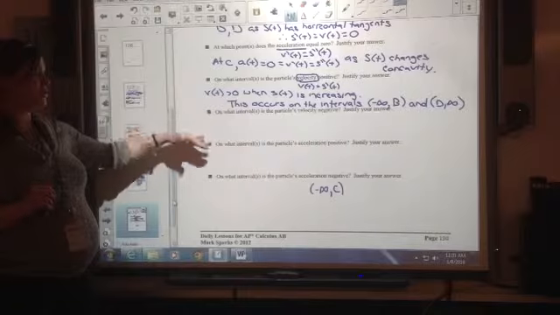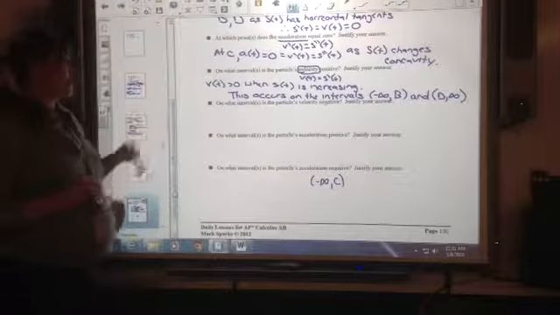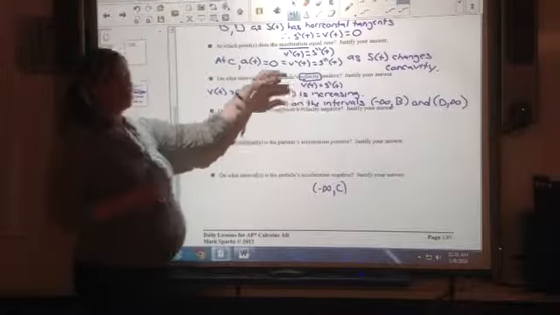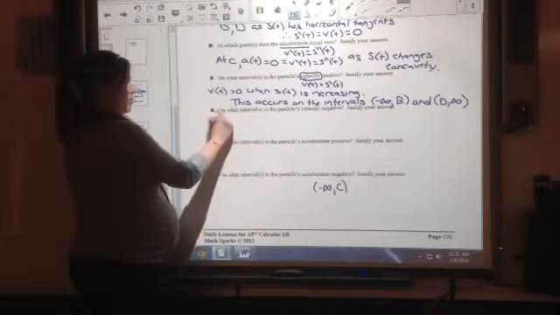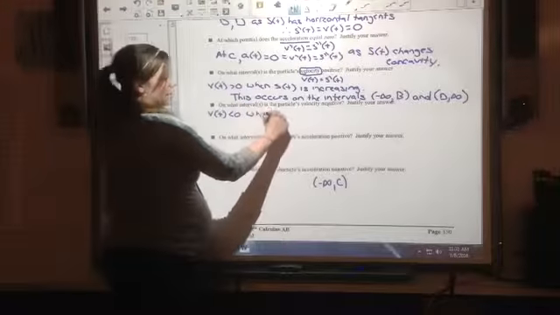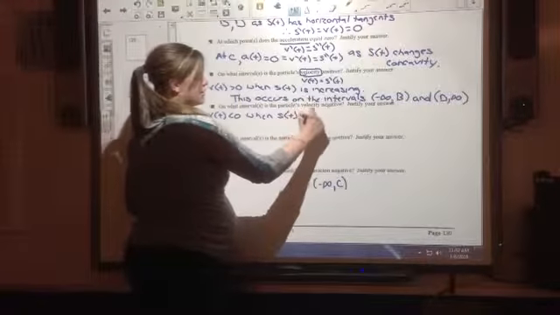Based on that one, you should be able to get this one also. So if we're talking about velocity as being negative, the same reasoning applies, except it would be backwards. So V of t is less than 0 when S of t is decreasing.